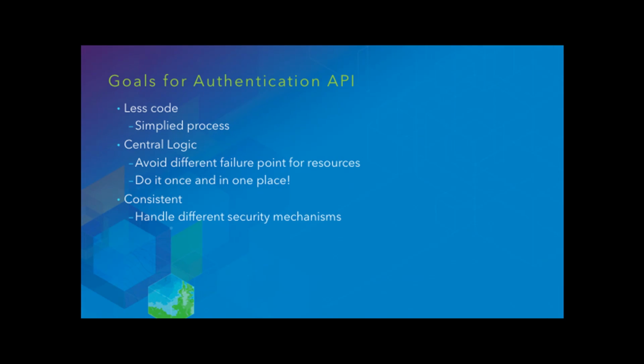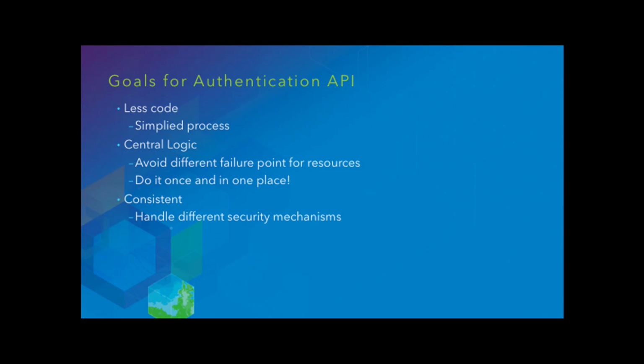So with the new authentication API, first and foremost, our goal was to have the developers write less code. Authentication is quite complex, but if you think about it from an end user's point of view, it is just a gateway for them to get to the rest of their app. So we wanted to simplify this process, and also we wanted to provide a central logic for all the security-related configurations of an app.